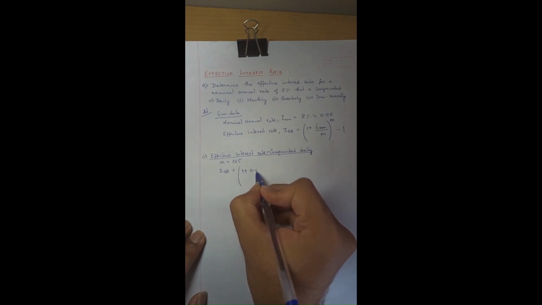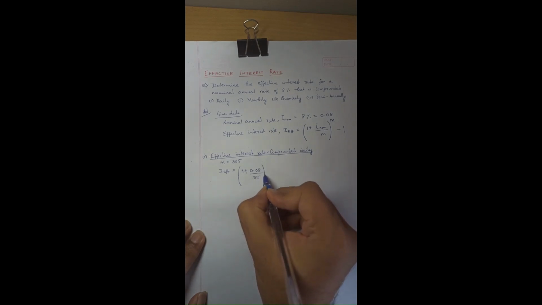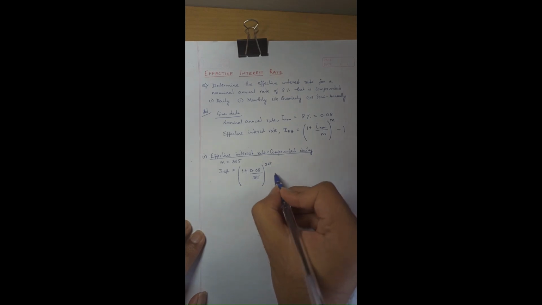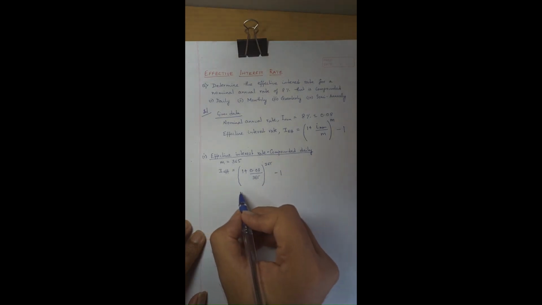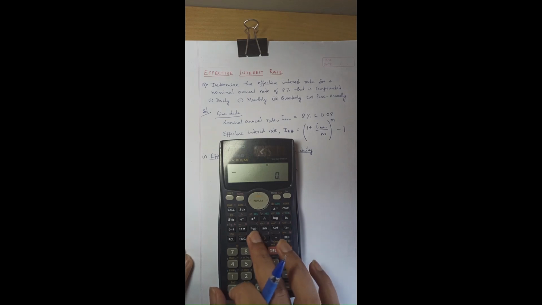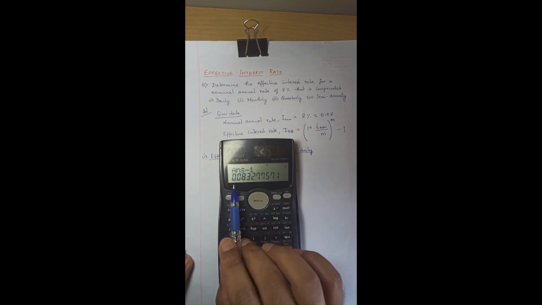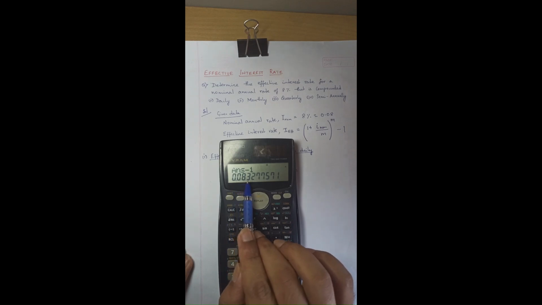So (1 plus 0.08 divided by 365) whole to the power of 365, minus 1, gives us an effective interest rate of 0.0833.